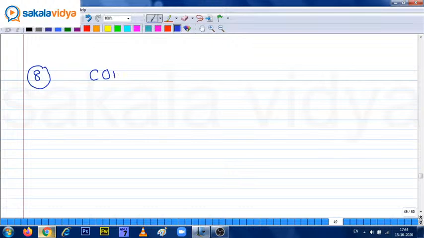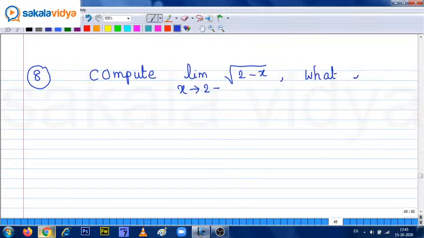Compute limit x tends to 2 minus square root of 2 minus x. What is limit x tends to 2 of root of 2 minus x? That we need to find out.